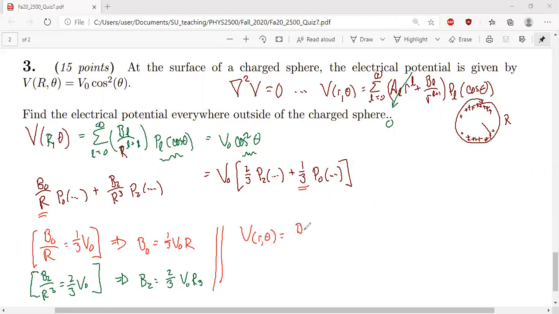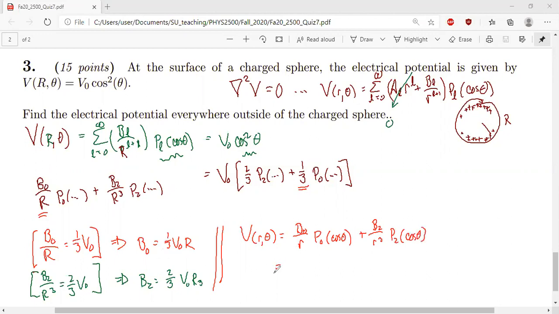So this is B naught over little r, P naught cosine theta, plus B2 R cubed P2 cosine theta.